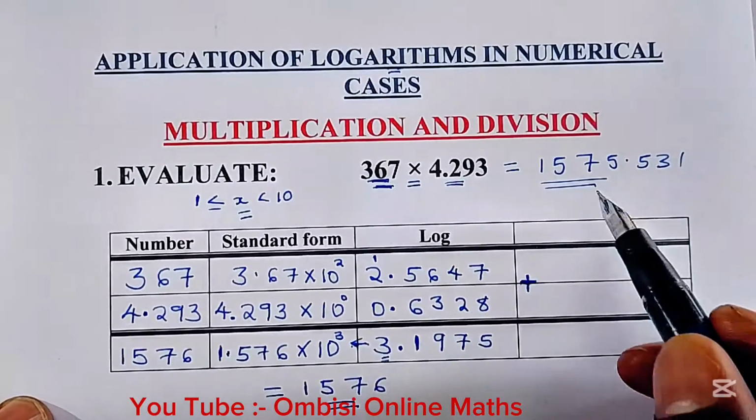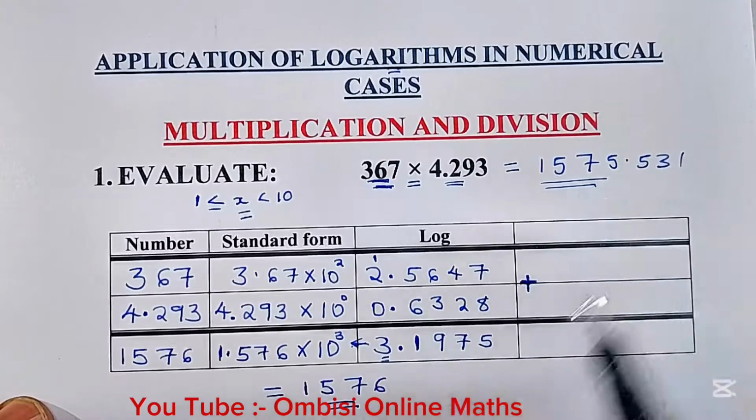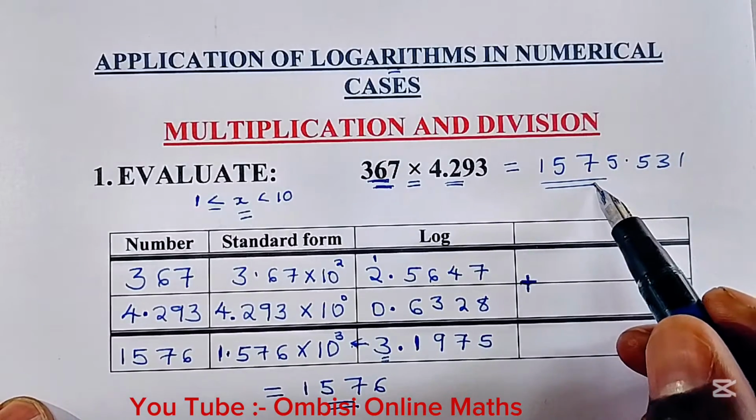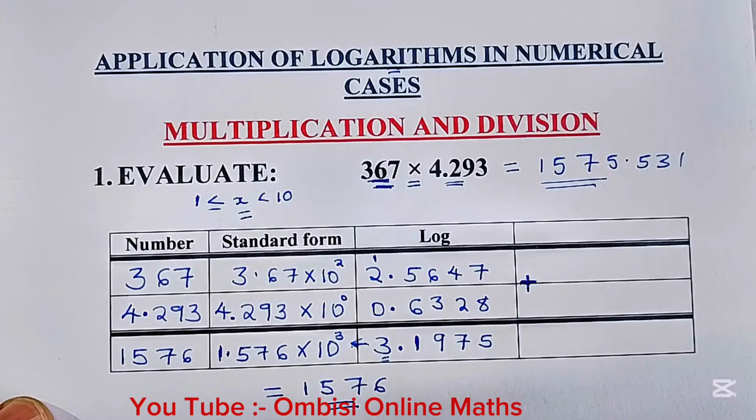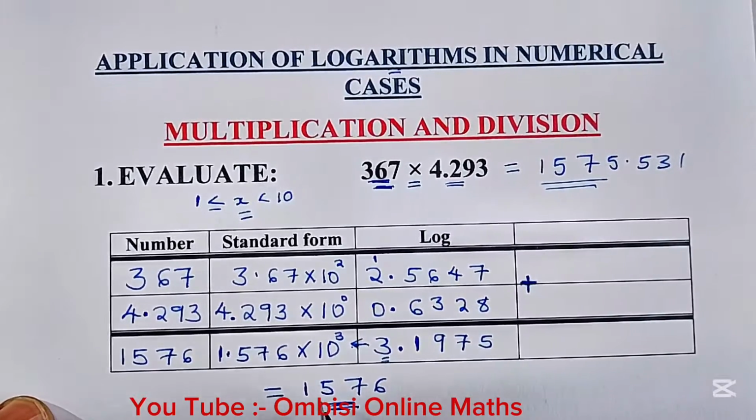Remember I said the answer you get is very close to the answer you could have gotten using a calculator. But in this case, it is purely mathematical tables that we are using. And the answer is 1576.